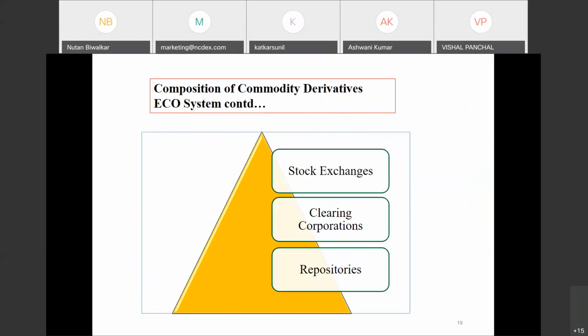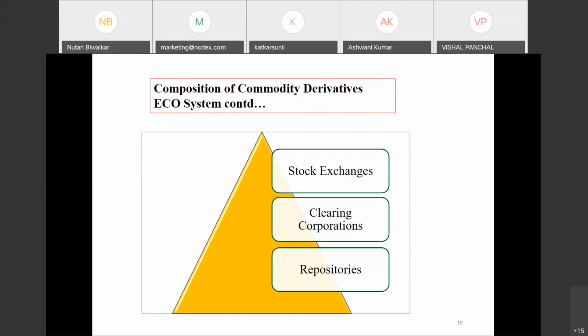Now the composition of this ecosystem: the stock exchange, the clearing corporation, and the repository. The stock exchange plays a very pivotal role. It offers you futures trading on its platform. It is automated screen-based trading, having a national reach, an order-driven system, very transparent, with flexibility of placing orders and complete online real-time information.